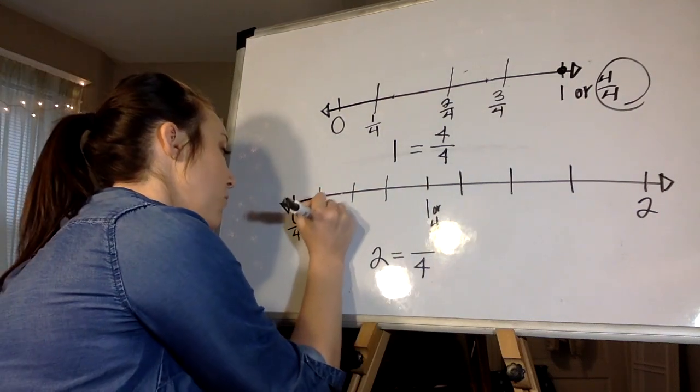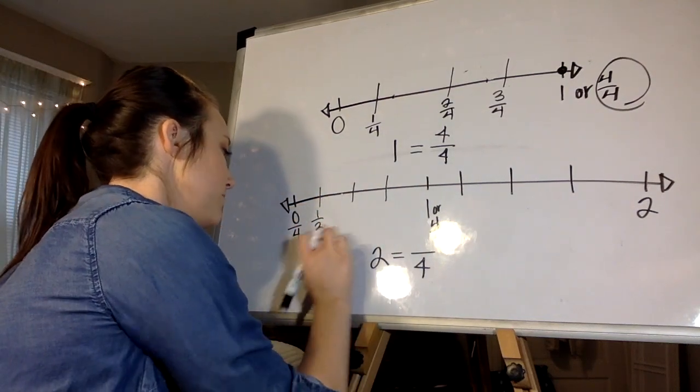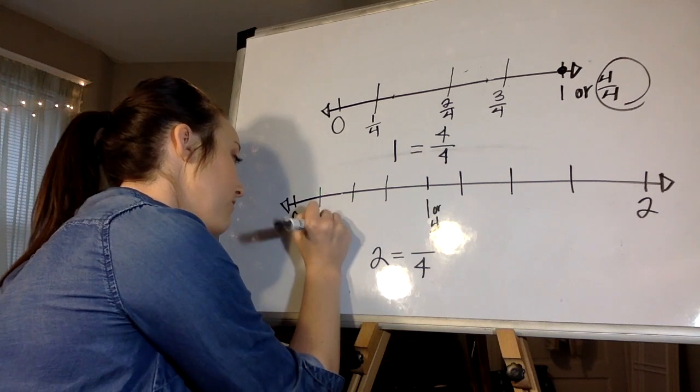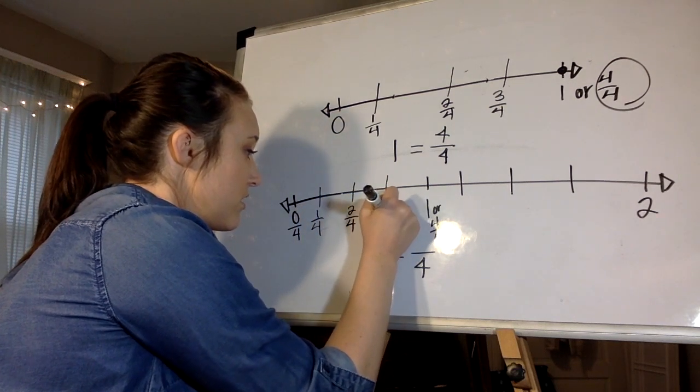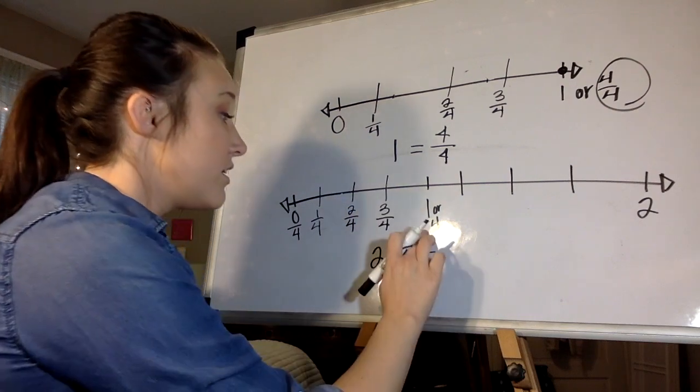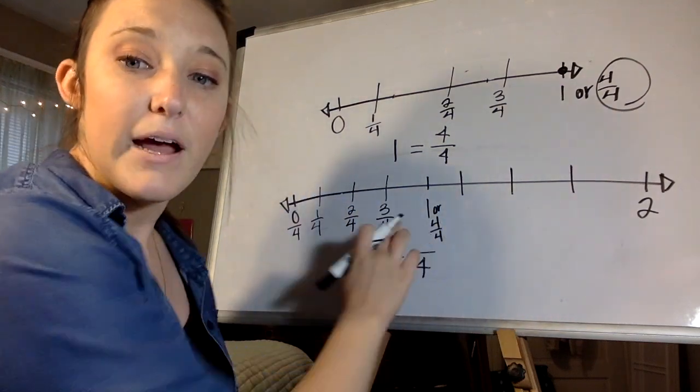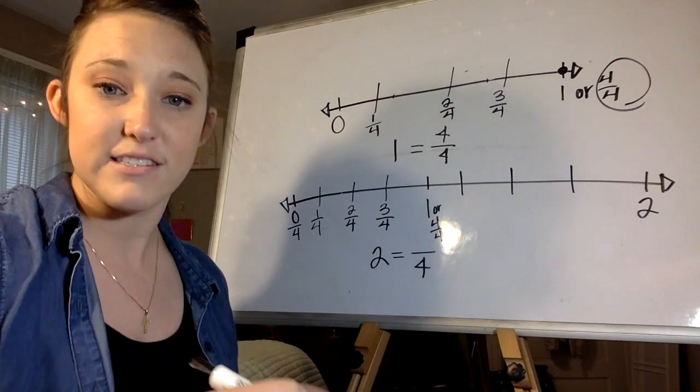Now, starting at the 0, I'm going to add 1 unit fraction to label my tick marks. So we've got 1/4, 2/4, 3/4. Now I'm at 4/4. My adding 1 unit fraction does not end there.